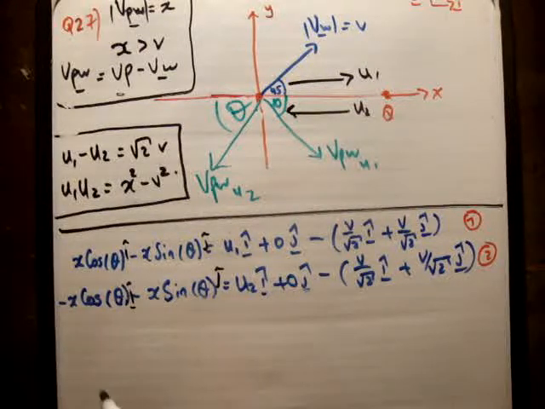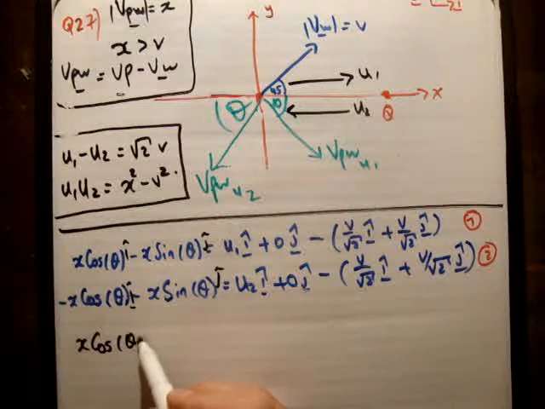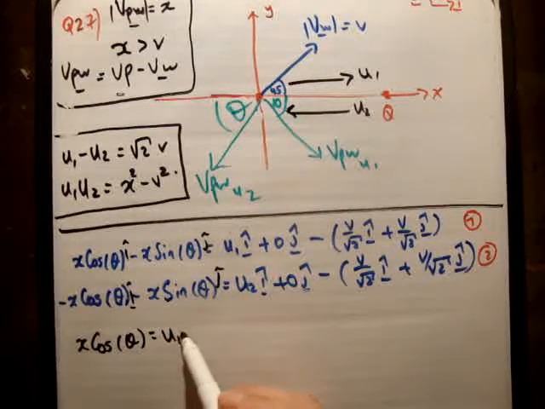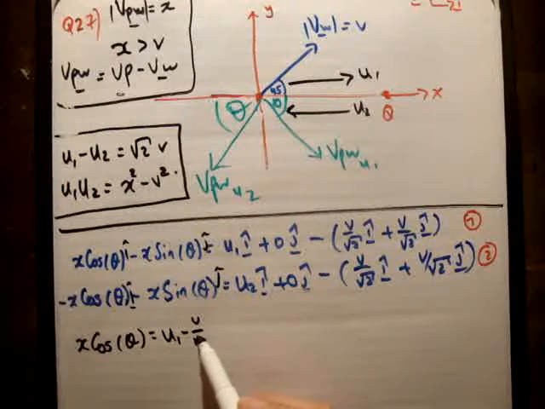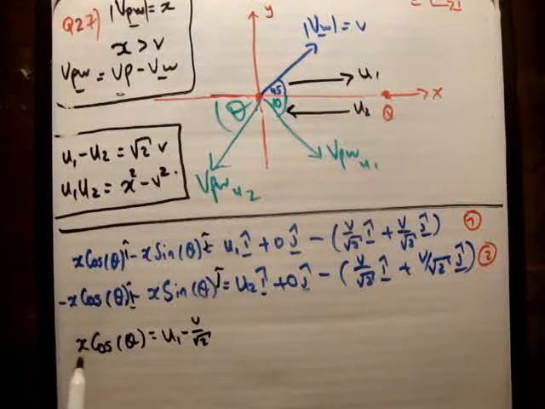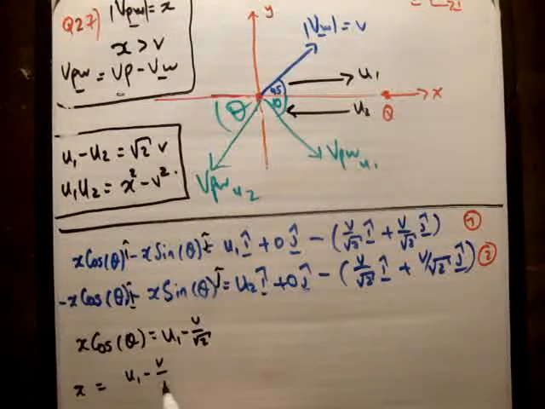We're going to get that x times the cosine of theta is equal to u1 minus v over root 2. If you rearrange that for x, you get that x is equal to u1 minus v over root 2, all over cos of theta.